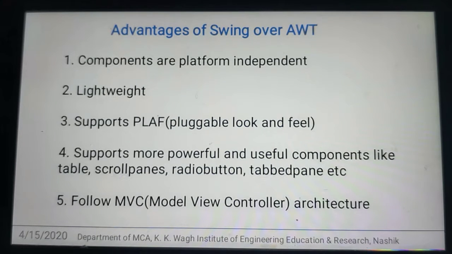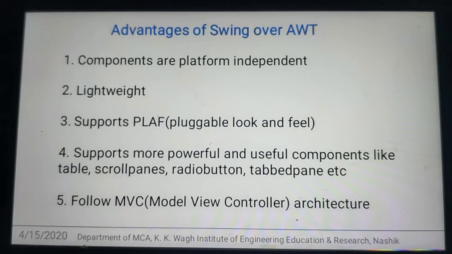Let's discuss the advantages of Swing over AWT. The components we get in Swing are platform independent, whereas AWT components, as we have discussed, are platform dependent. Swing components are called lightweight components, whereas AWT components are called heavyweight components. Why AWT is called heavyweight, I covered in the previous lecture.